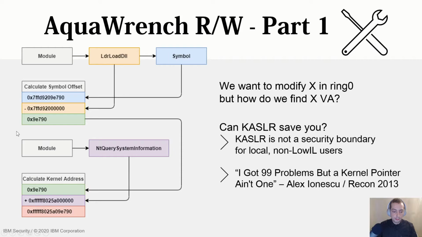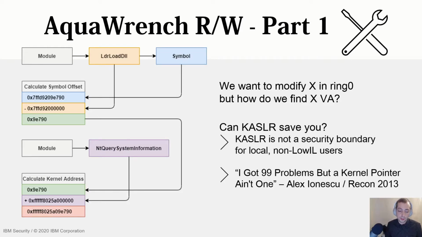Then the second part of this is that we use one of these functions which leaks kernel pointers. If we call NtQuerySystemInformation with the appropriate information class, in this case system module information, it will give us back an array of all the loaded modules in the kernel currently, and their path, their name, their size, and their current base address.